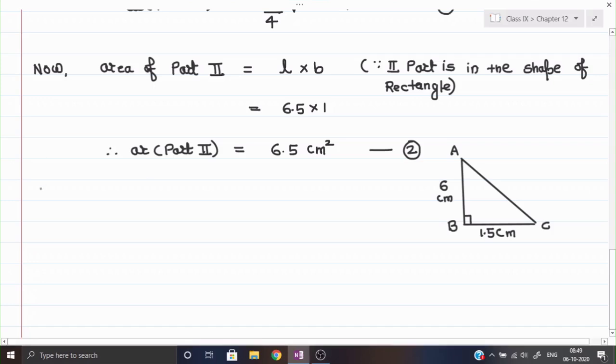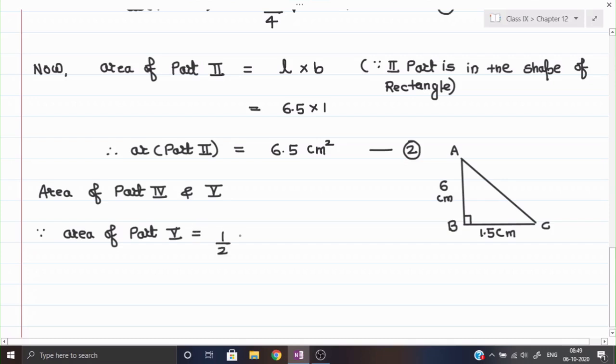Means we can say that here first we shall give the heading area of part 4 and 5, because both we are finding it together. So first if we talk about part number 5, area of part 5, as you know that part 5 is in the shape of a right angle triangle, so that formula will be 1 upon 2 into product of perpendicular sides.